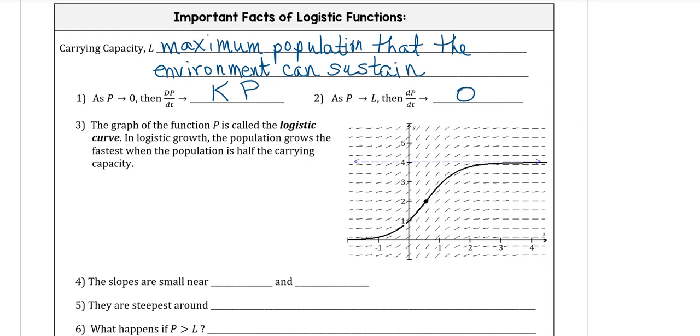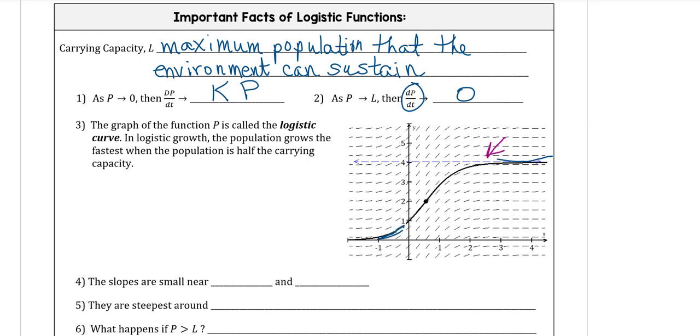And if you look at the graph, as we get close to L, remember dp dt is the slope. We have a horizontal tangent line there. And as p approaches 0, we're kind of along here a little bit on this side. Okay, so let's label our graph here.